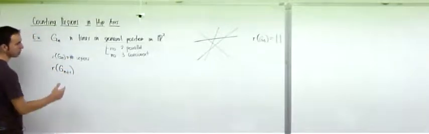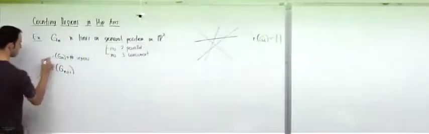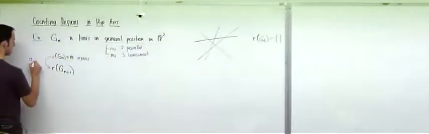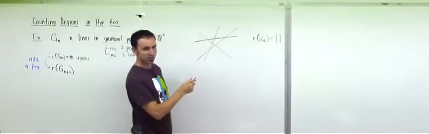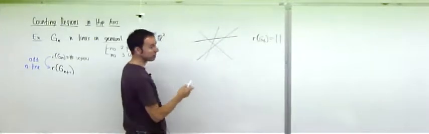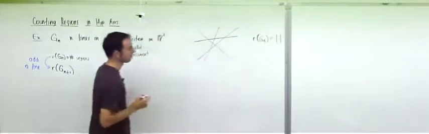And so what I'm going to do is first draw n lines, and then I'm going to draw an n plus first line. So here we add a line. I'm just going to add some line to this picture, and it doesn't matter where I do it as long as it's not parallel to any of these lines and it doesn't go through any of the points of intersection. So maybe I'll draw this one.